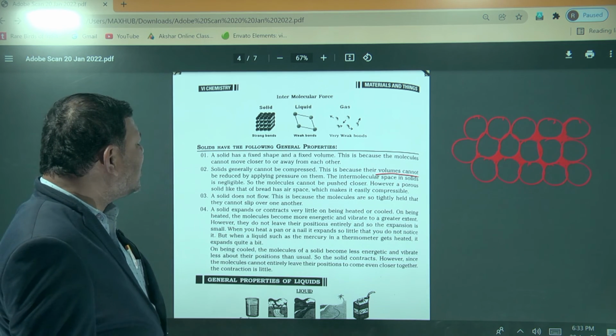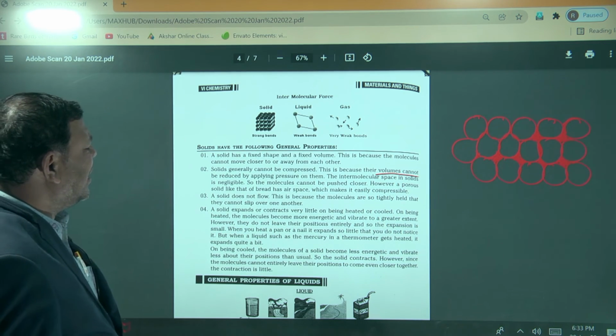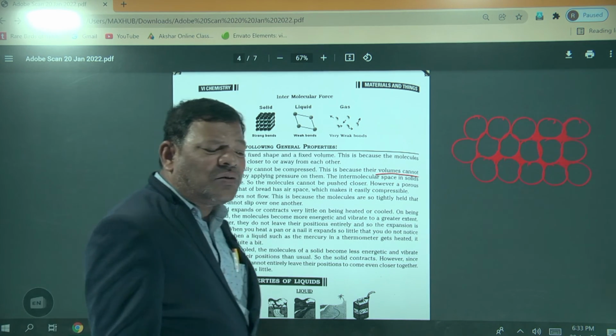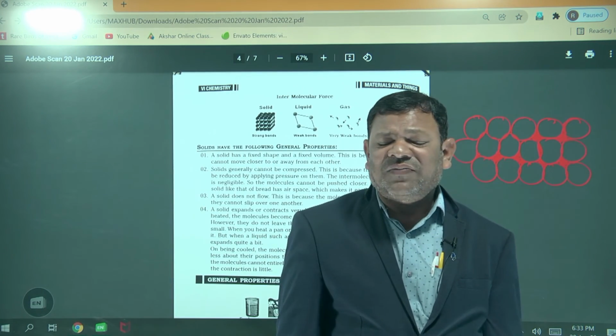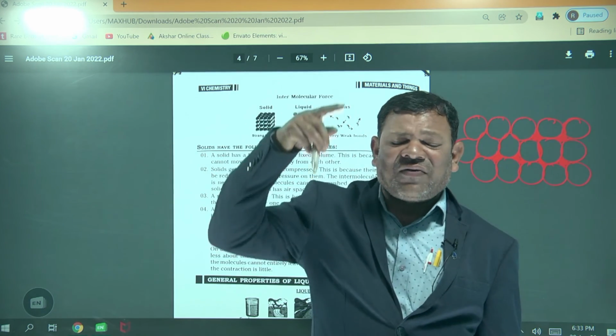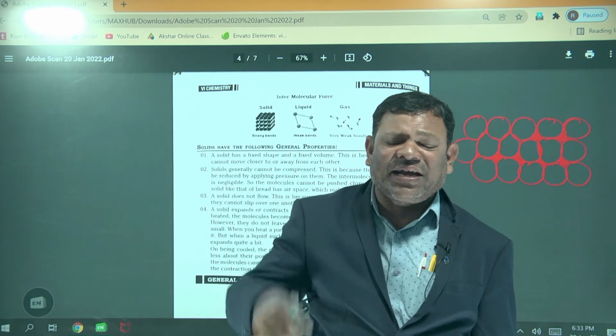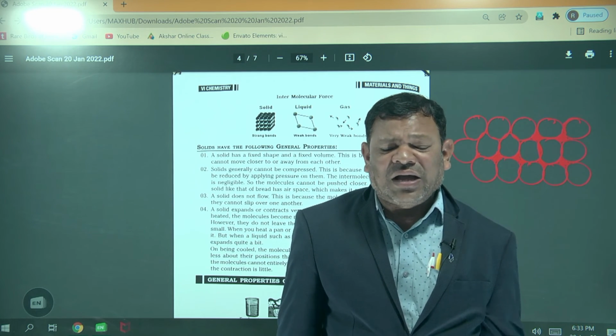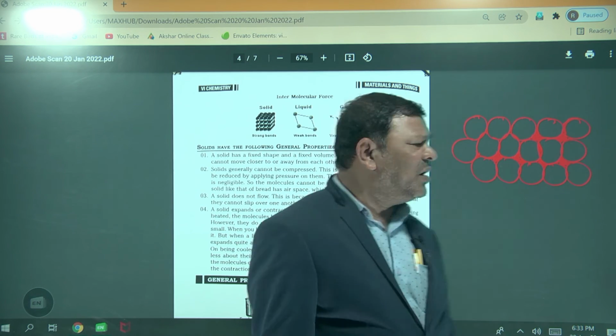However, they do not leave their position entirely, so the expansion is very small. But liquids and gases expand much more. When a thermometer is heated, the mercury rises and expands, and because of its characteristic features, we use mercury in thermometers.